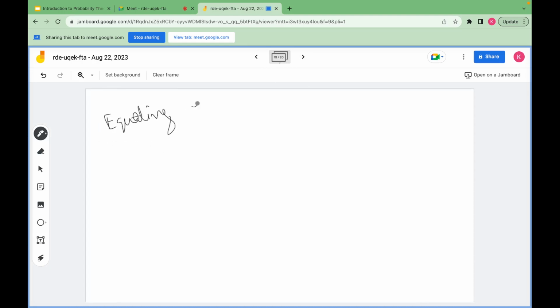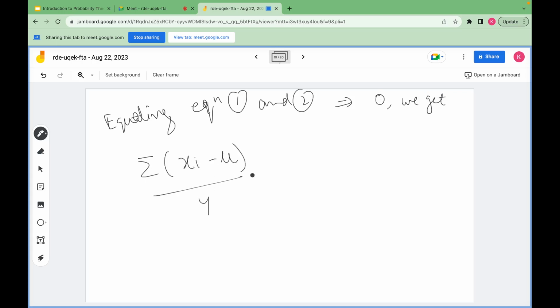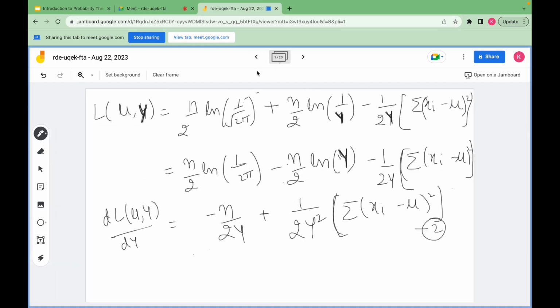Equating equation 1 to 0, we get summation xi minus mu upon y is equal to 0. Excuse me, in equation 2, how do you get that 1 by 2 y square?